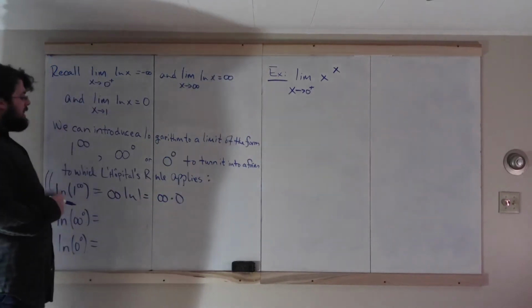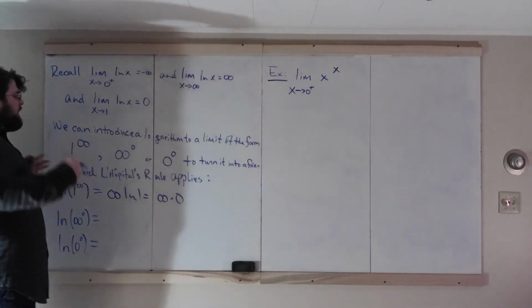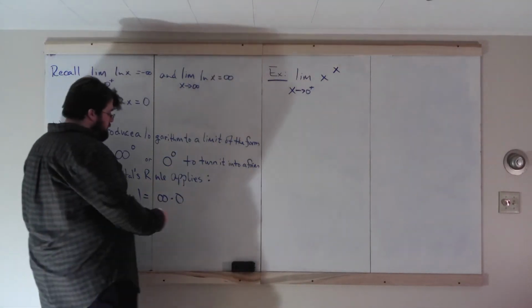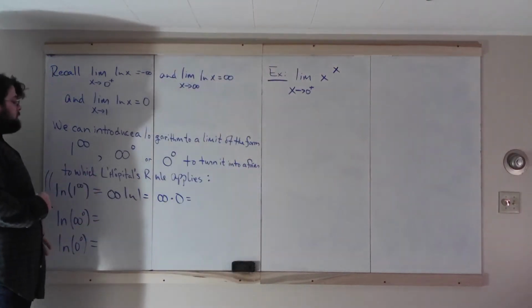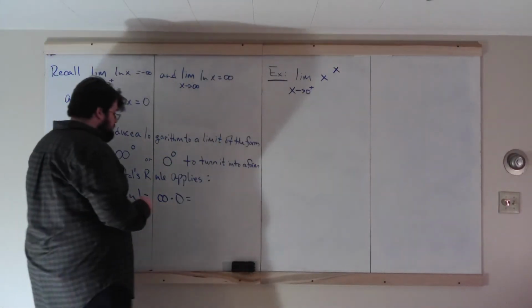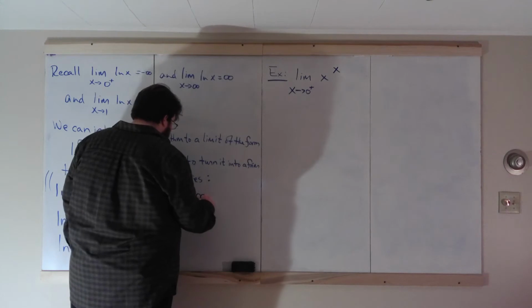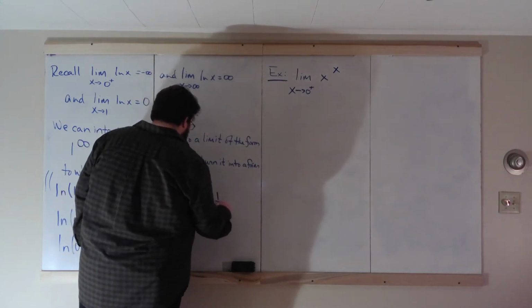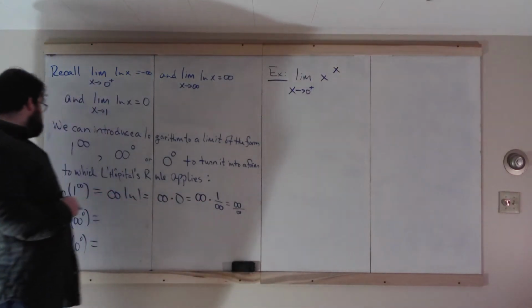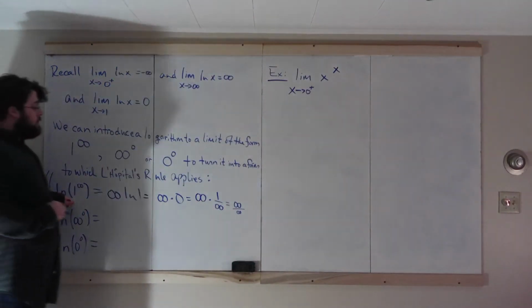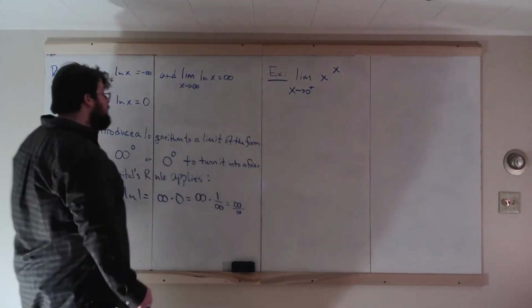Well, that's the same as the last form we discussed, but just to finish the observation and turn it into one on which L'Hopital's rule directly applies, we can throw that 0 in the bottom, making an infinity times 1 over infinity, which is an infinity over infinity. So just by throwing a log on this and following the symbol manipulation, we get an infinity over infinity.